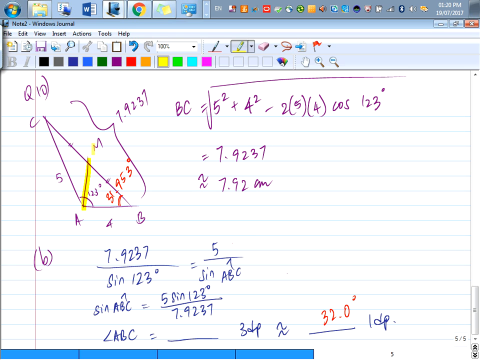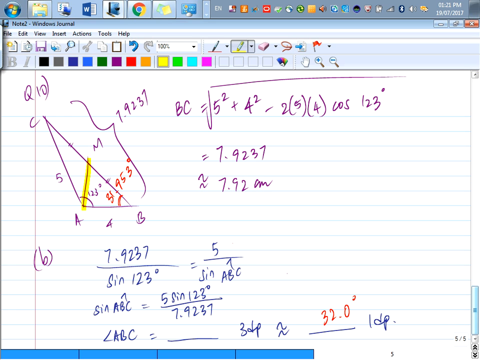Part C. How to find? How can I find the length of AM? Shafiq, any suggestions?